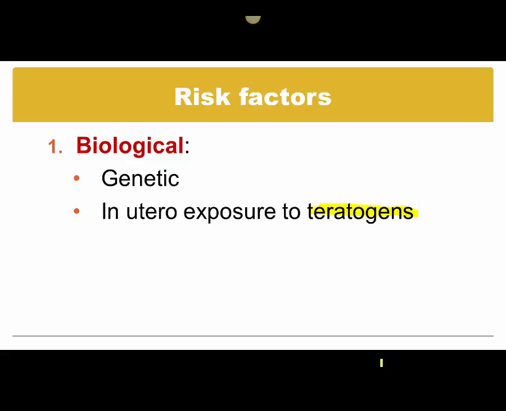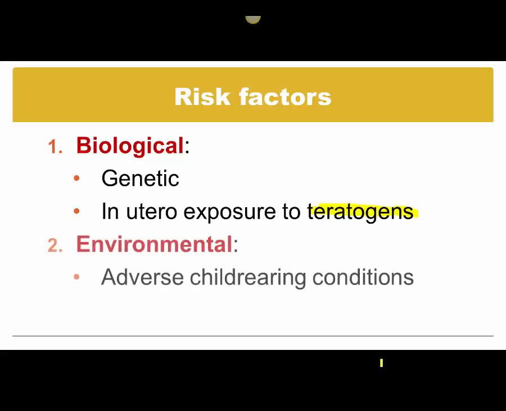There are also environmental risk factors. These are external conditions or external exposures to the child that also influence the child development, in this case adversely. For example, a child whose family lives below the poverty line may not get adequate nutrition, health care, or education.